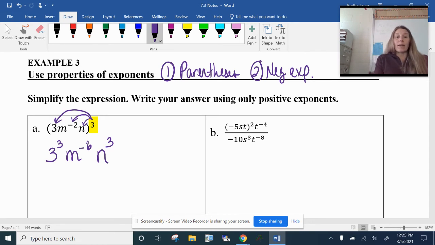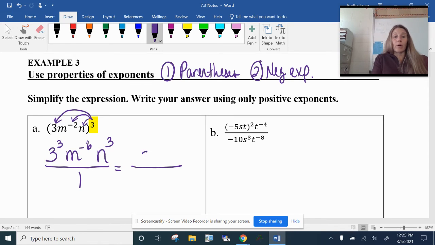So now the next thing I like to do is get rid of any negative exponents. And the way I do that is simply by moving that term to the opposite side of the fraction. So 3 to the third power is going to stay on the top because it's not a negative exponent. However, this m has a negative exponent. So if I move my m to the bottom, then the 6 becomes positive.